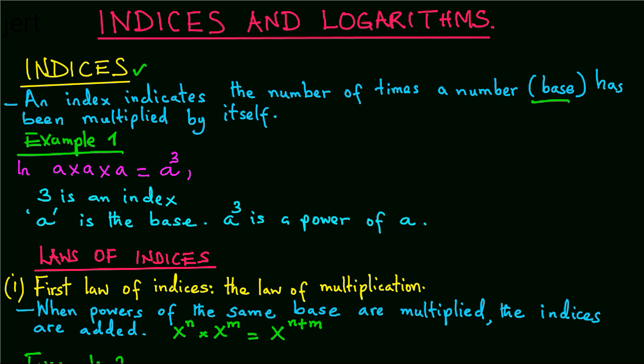For example, in our example 1, if you are given the expanded form A times A times A equals A raised to power 3, then we say that 3 is an index and A is the base.